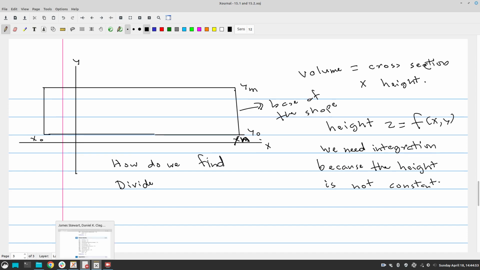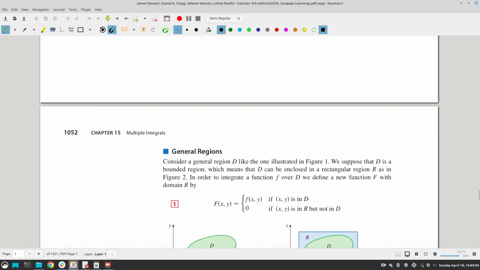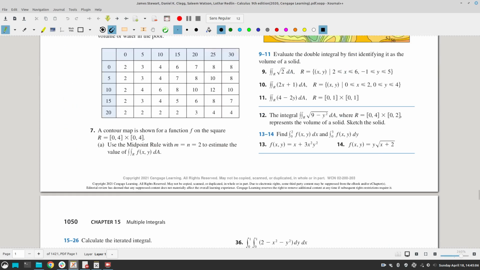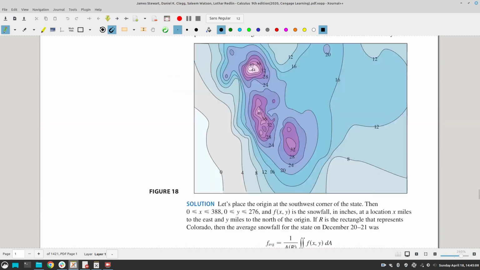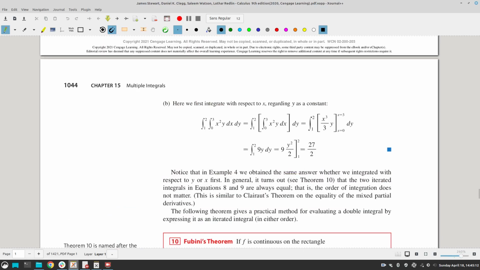Okay, before that, let me show you the diagram from the book. The diagram from the book is obviously a lot clearer than any diagram I can draw.